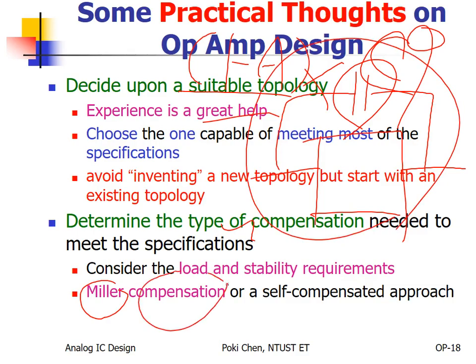Usually for compensation, we need a very huge capacitor. This is too ridiculous. So we can apply the Miller effect to increase the effective capacitance. For example, if A is 100, what does it mean?